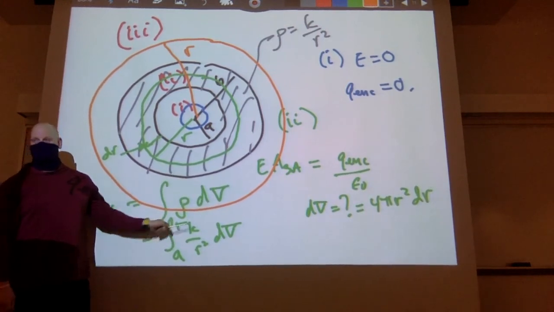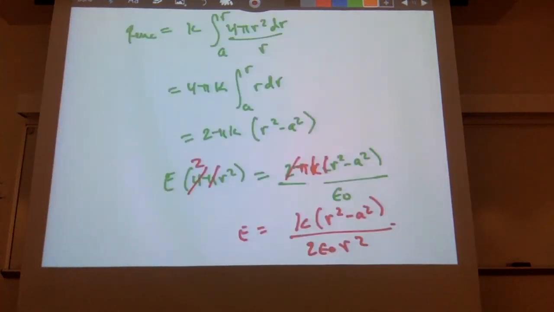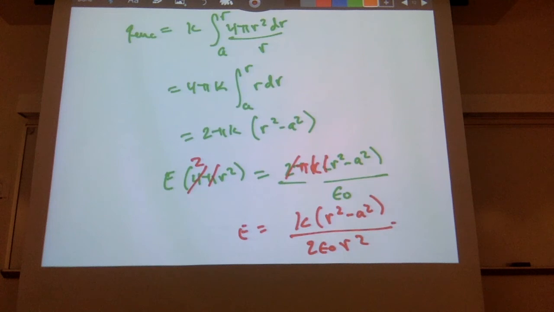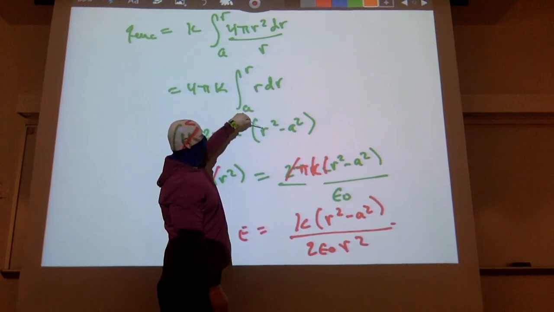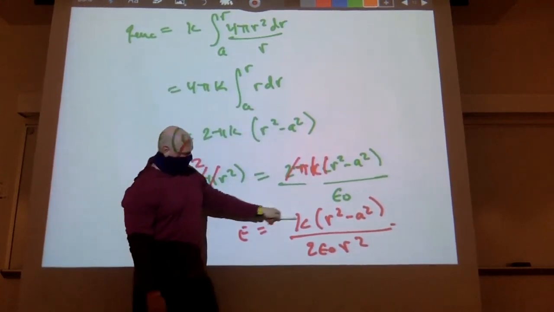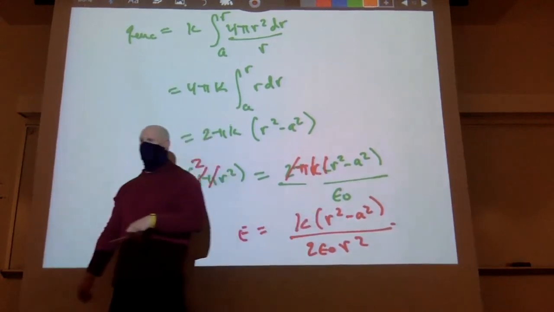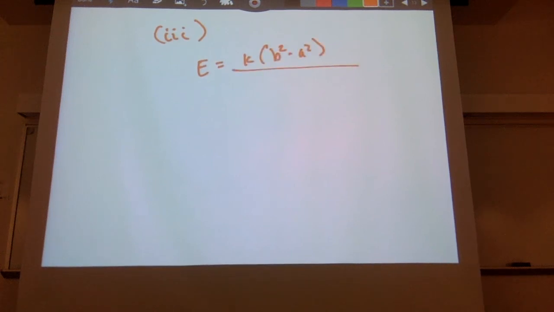So here I just have to change the upper bound to B, which means when I recalculate this guy, the only difference is now this is going to be a B squared instead of an R squared. And I'm integrating this from A to B, which means this becomes B squared minus A squared instead of R squared. Which means the electric field only changes by this is now a B squared, but everything else stays the same. So for 3, we now have that the electric field is equal to K times B squared minus A squared divided by 2 epsilon naught R squared.